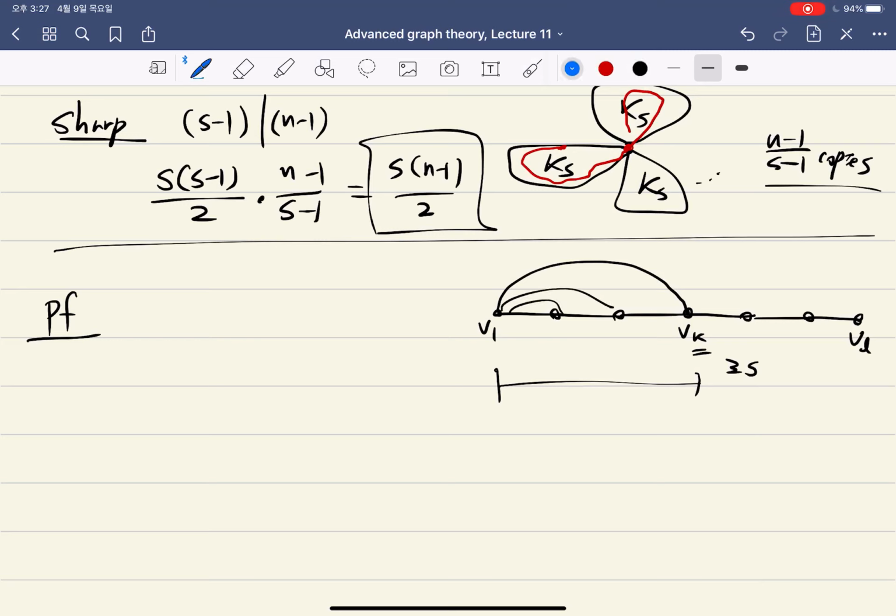And we want to also use induction. Also, what we know is that if this vertex has a neighbor outside, which is far from here, then this can give us some long cycle. So this shows that the vertices inside here do not have neighbors which are too far from here.